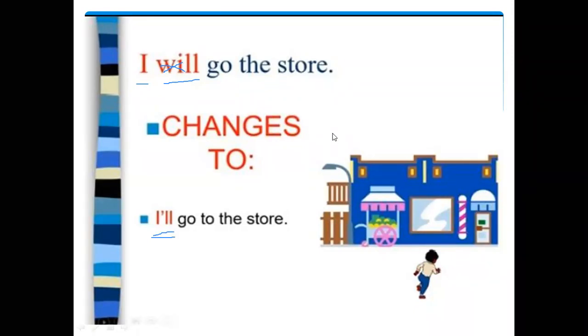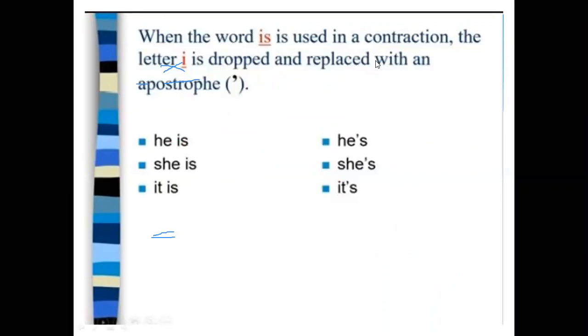Okay. So look here. When the word is is used in a contraction, the letter I is dropped and replaced with an apostrophe.